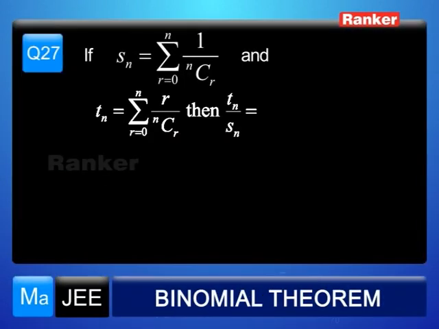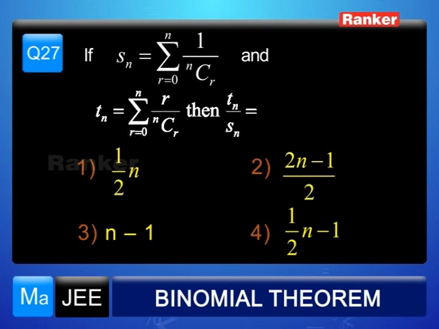If Sn is equal to sigma r ranging from 0 to n 1 by nCr, and Tn is equal to sigma r ranging from 0 to n r upon nCr, then Tn by Sn is equal to n by 2, 2n minus 1, n minus 1, and the fourth option is n by 2 minus 1.